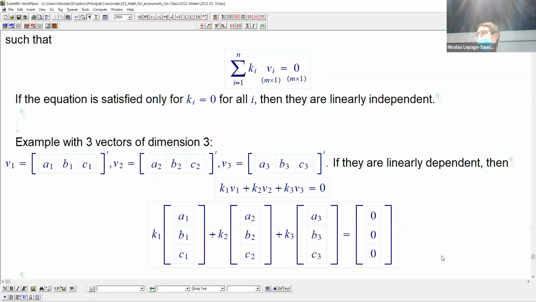All right. And now we're going to see what this means. I'm saying they are linearly dependent, so for some non-zero K1, K2, K3, not all zeros. So what does that mean for the link between A1, B1, C1, A2, B2, C2, A3, B3, and C3?